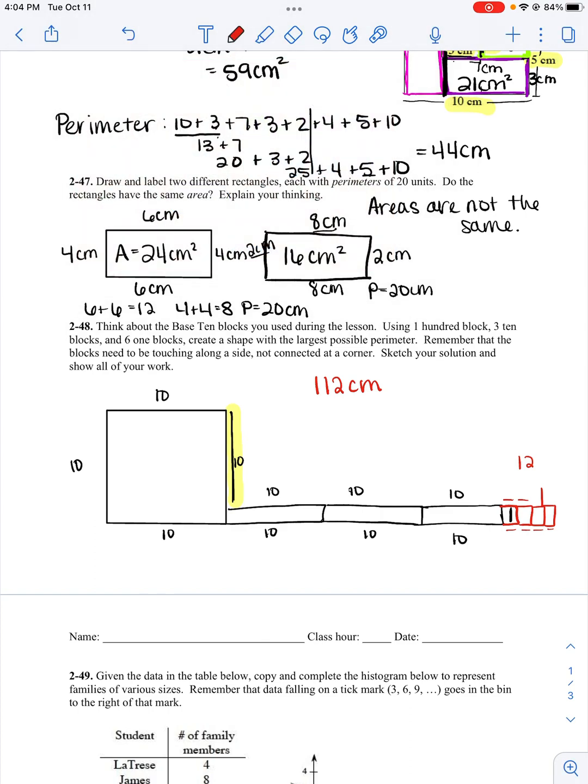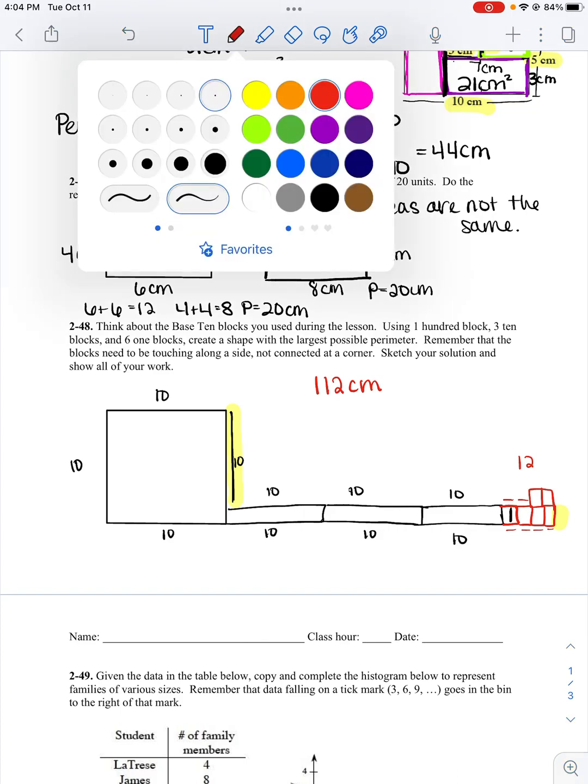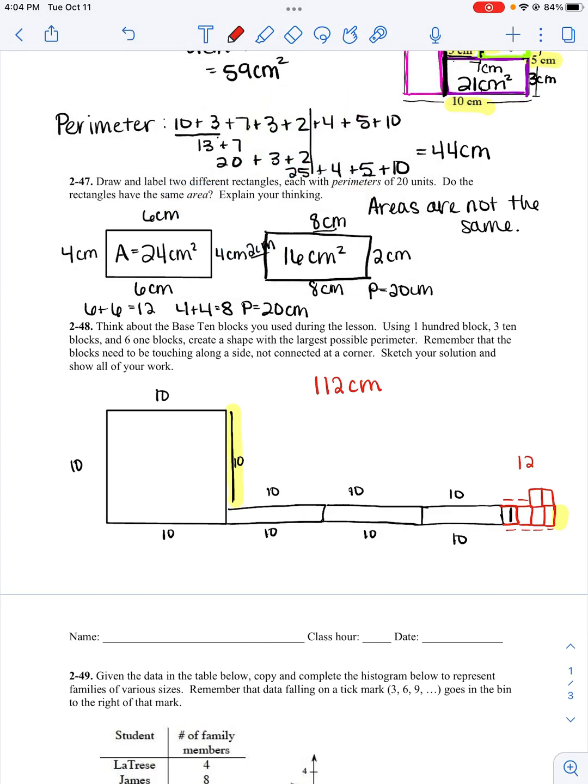I have to redraw some of this, sorry. Okay, this part's 10. Okay, so then I have 100. 1, 2, 3, 4, 5, 6, 7, 8, 9, 10. That one did not get bigger. So therefore, if I go back, my largest perimeter is actually going to be this. It's 112 centimeters.